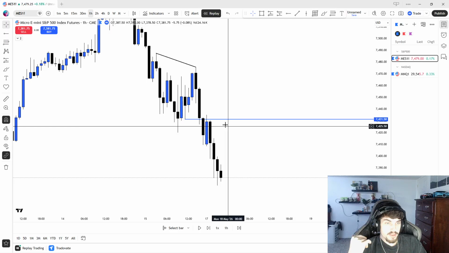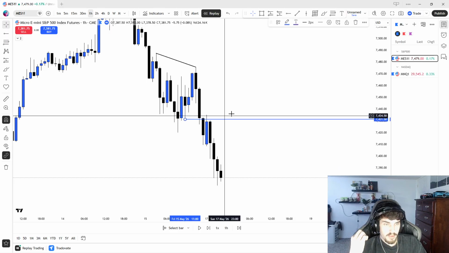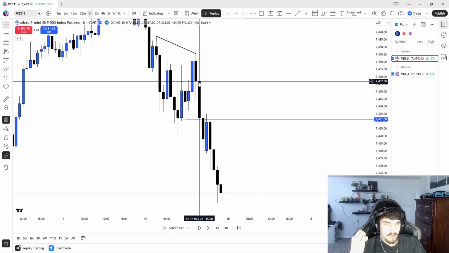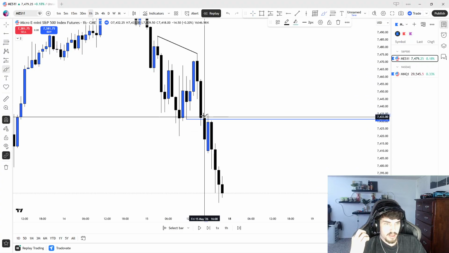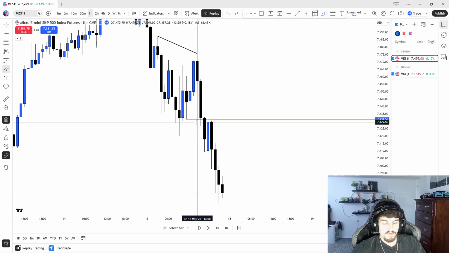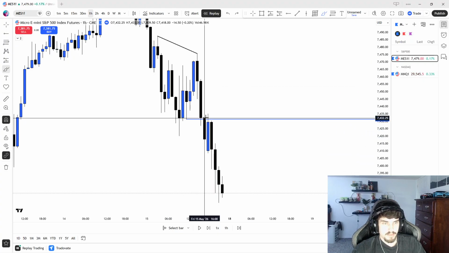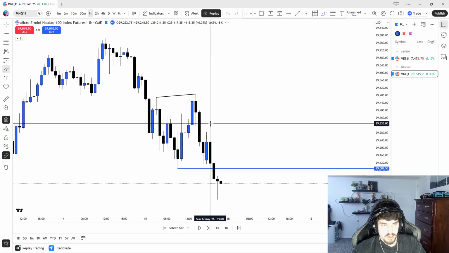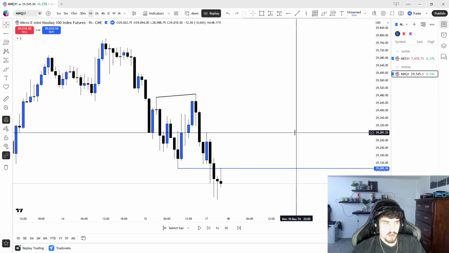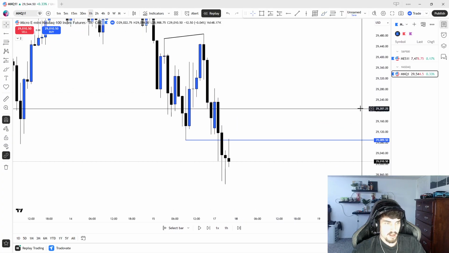Anyways, with the low that's attached to it here, as soon as we come down and close underneath that low on this candlestick right here, we have officially completed the SMT. We can see that price wanted to come down and take out that low.